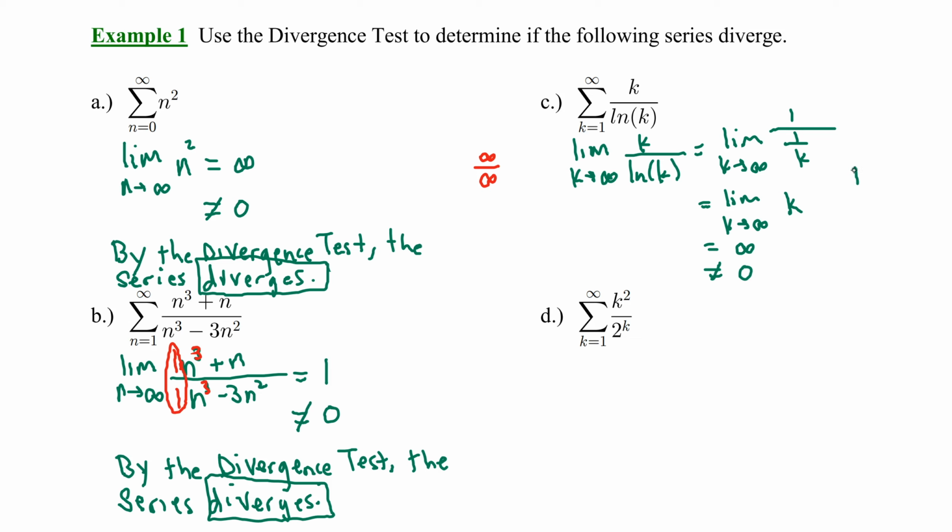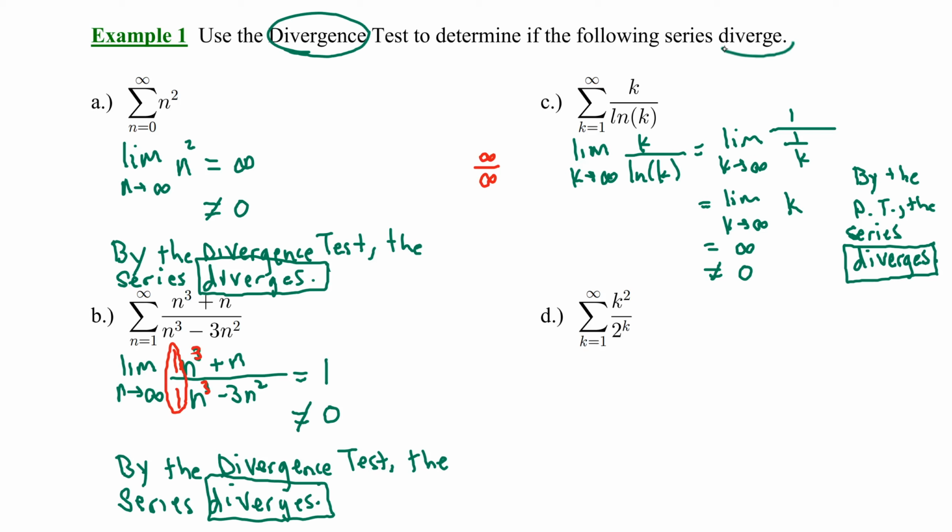Therefore, we can say once again, by the DT, I'm out of room, by the divergence test, the series diverges. All right, we're getting the same conclusion on all of these because remember, the divergence test can only be used to establish divergence.